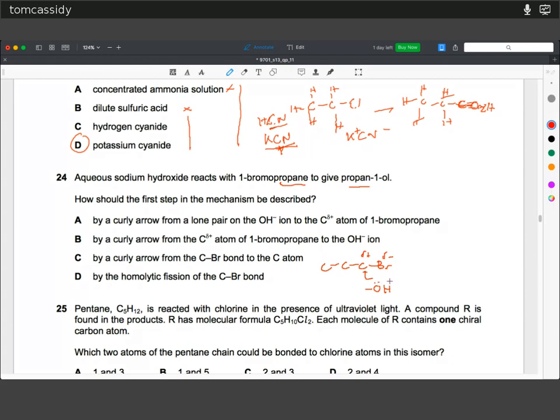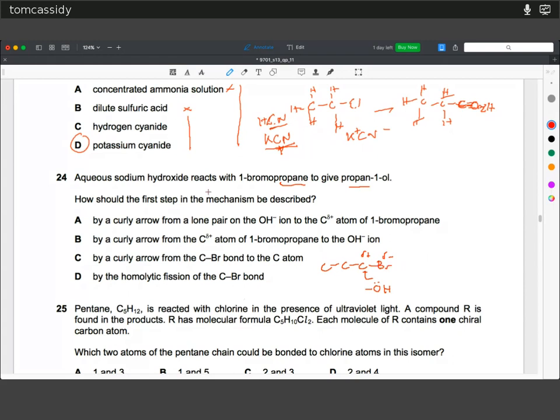Because this bond is forming and that one is breaking, you've got an intermediate with a new bond forming from the hydroxide ion that's attacking, and a bond breaking from the bromide ion that's leaving.